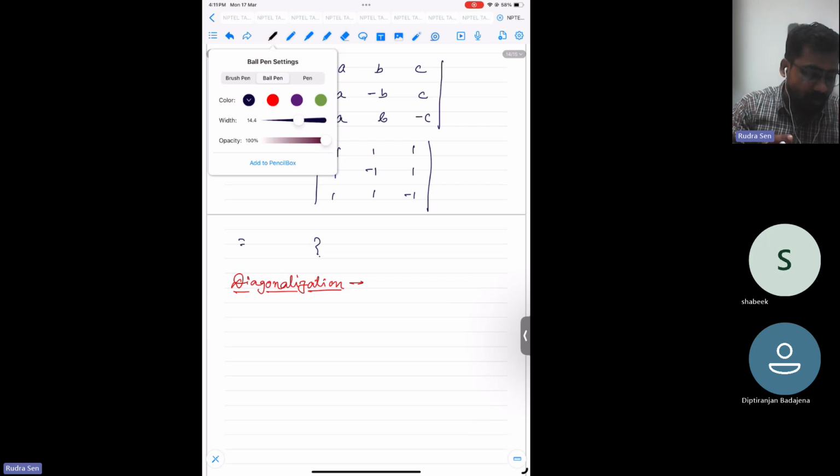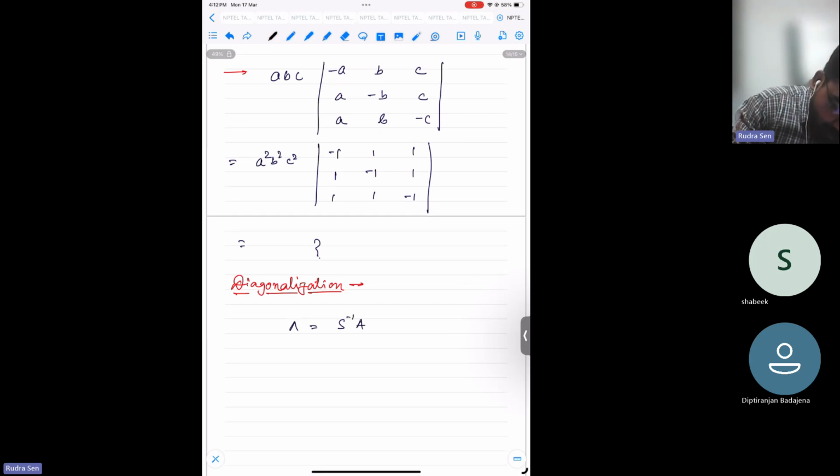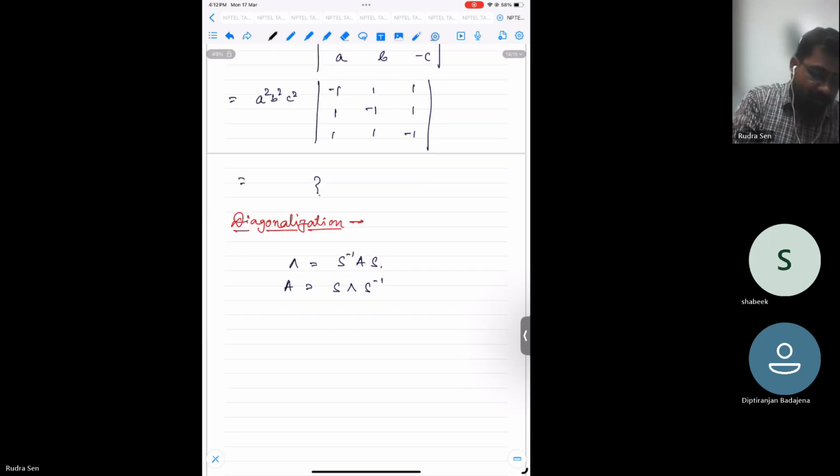So diagonalization is, let me just recall that formula. Yeah. S inverse A S is lambda, and A is equals to S lambda S inverse.